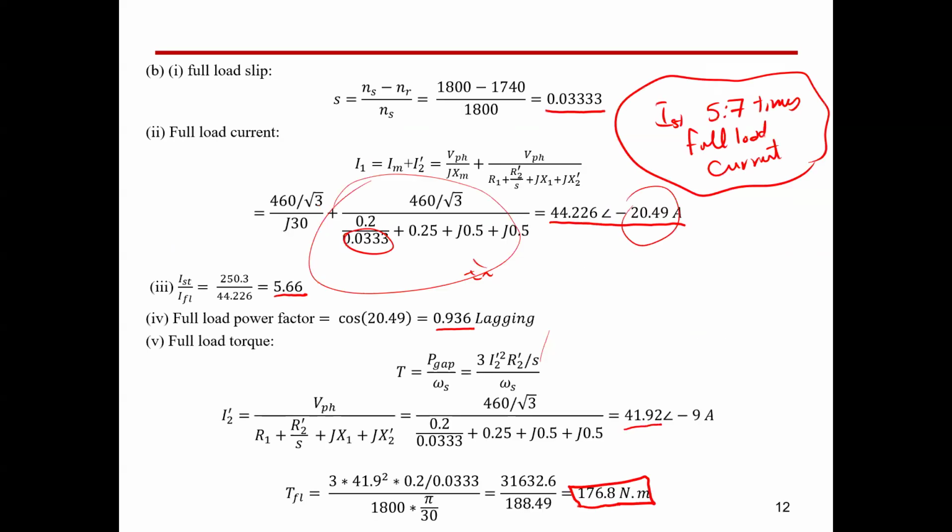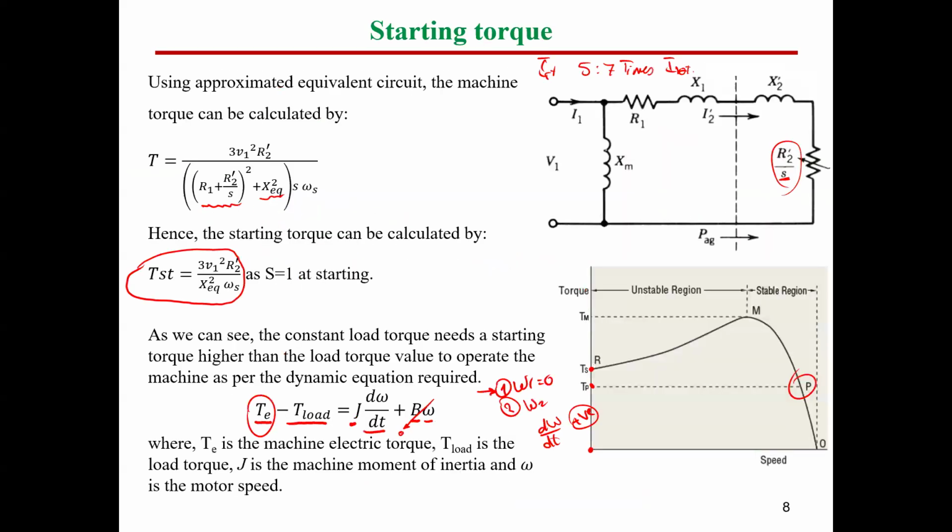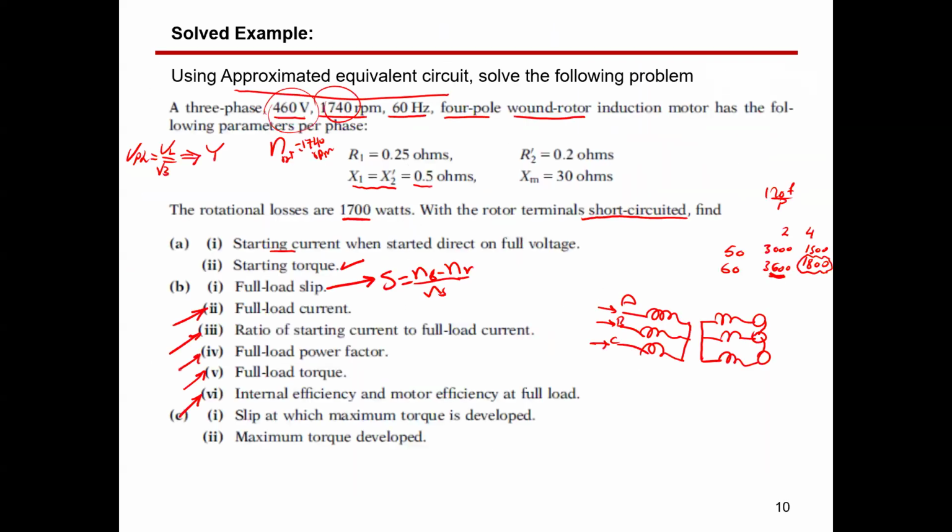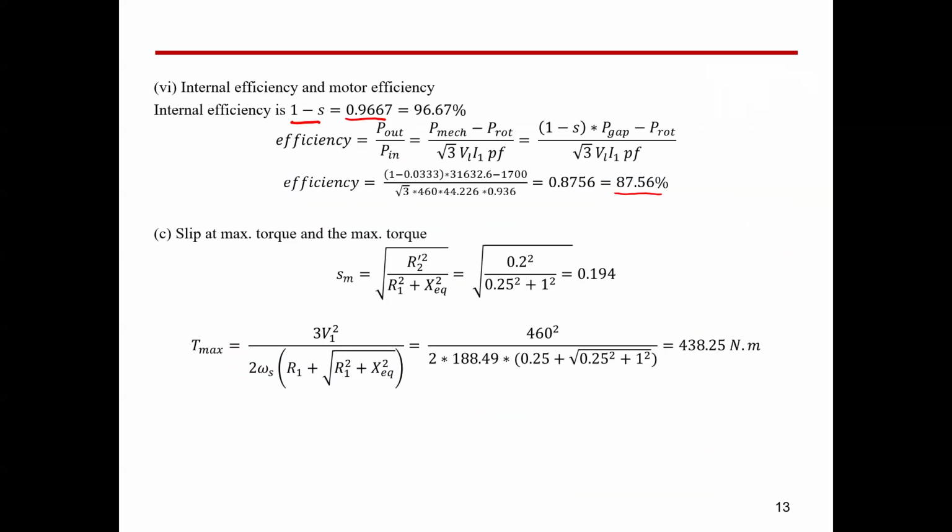Last thing, we will end up with this point in this class, and next class we can continue discussing the remaining parts. We need to calculate the slip at which maximum torque is developed and the maximum torque developed. This is direct substitution in the relation of S maximum and maximum torque.